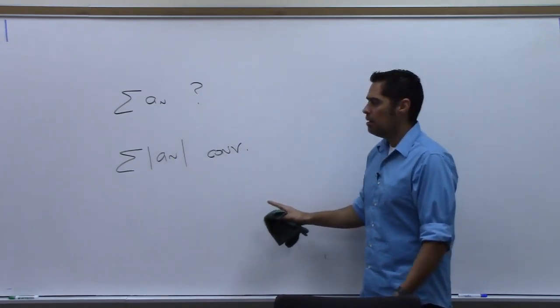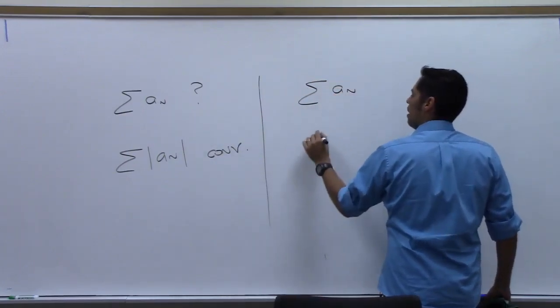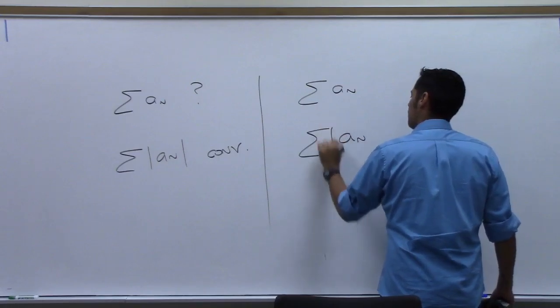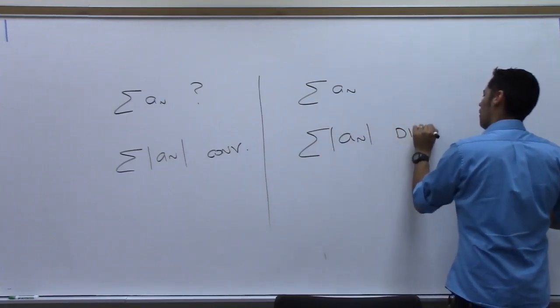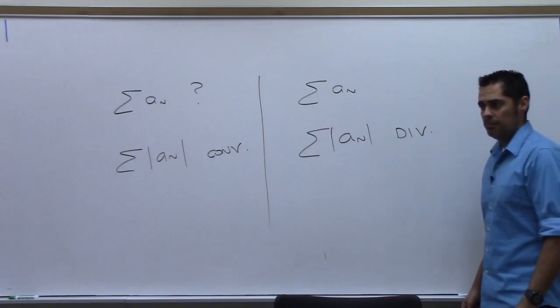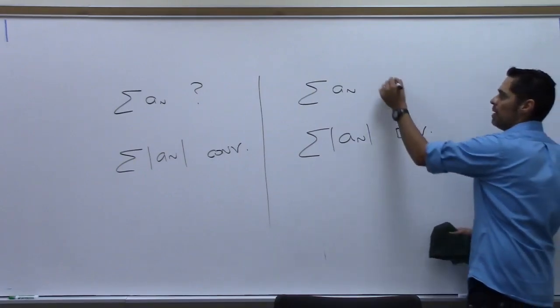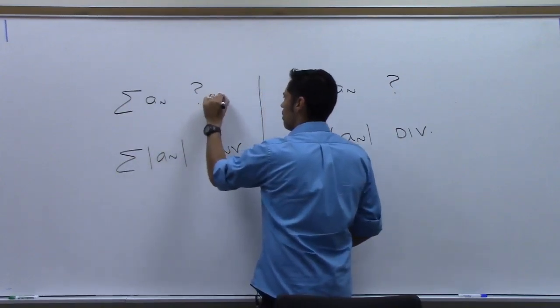Understand? So, different scenario. What if you don't know this, and I tell you that this diverges? You can't say anything. You don't know what that one does. So this would remain a question. This one would say that that one converges.